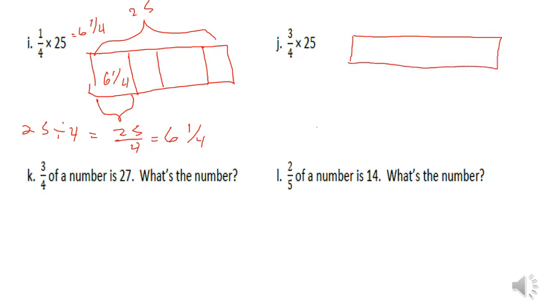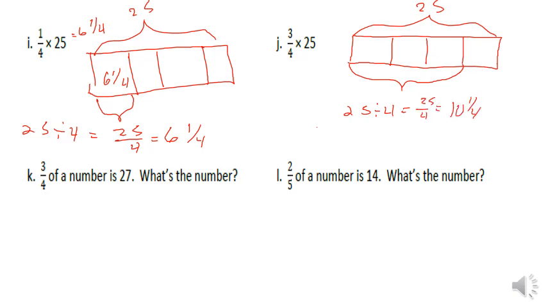So it equals 6 1/4. On our next one, the total once again is 25, and we're splitting it up into quarters again, but this time we're looking for 3/4. But once again, we're still going to go 25 divided by 4, which equals 25/4, which equals 10 1/4. Excuse me, 6 1/4.